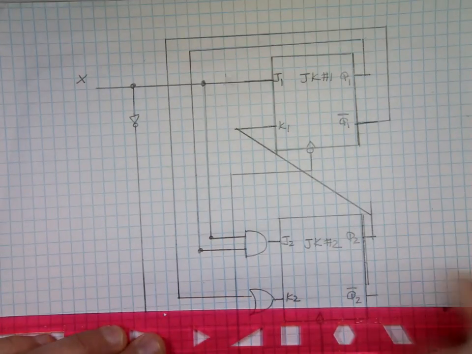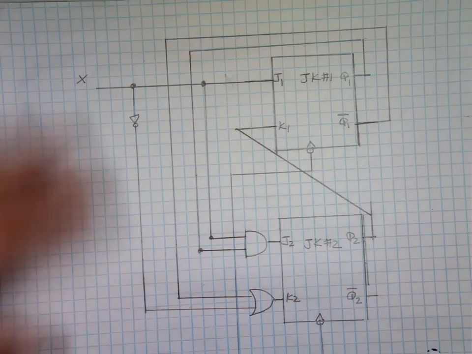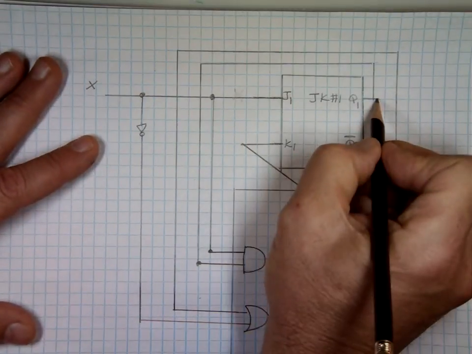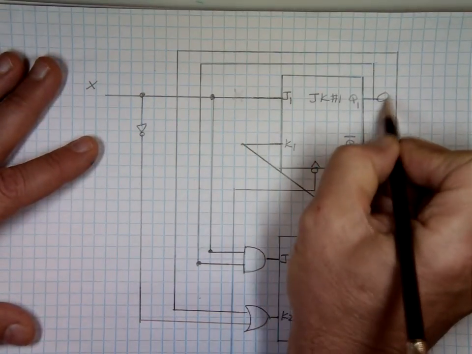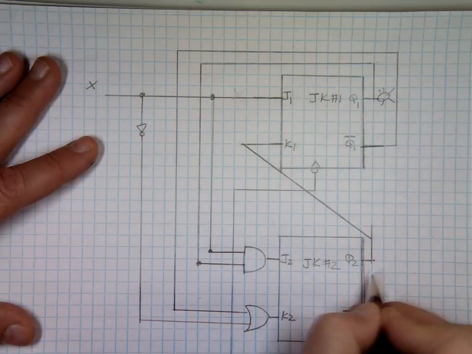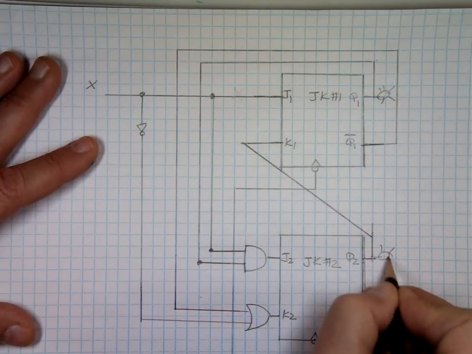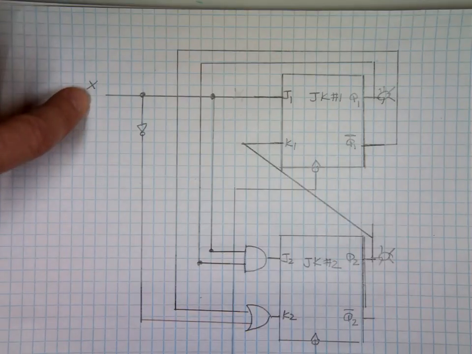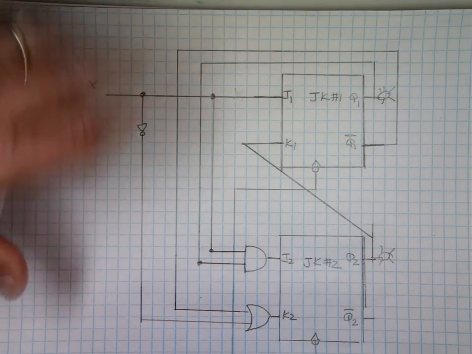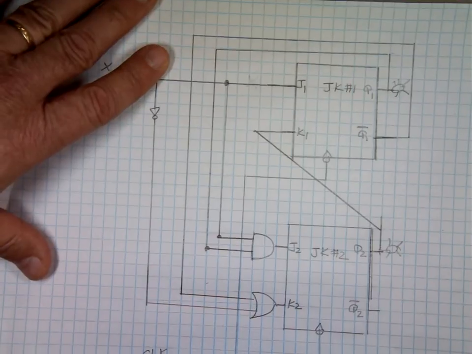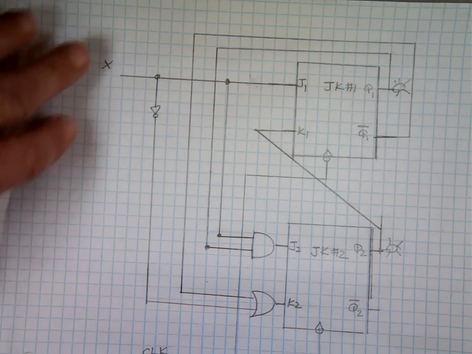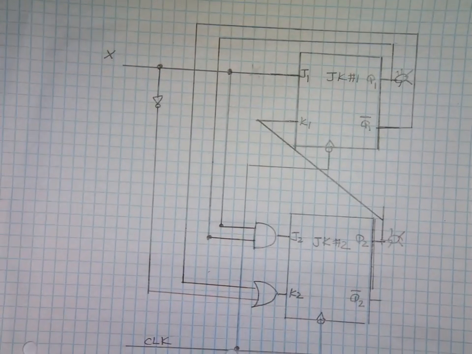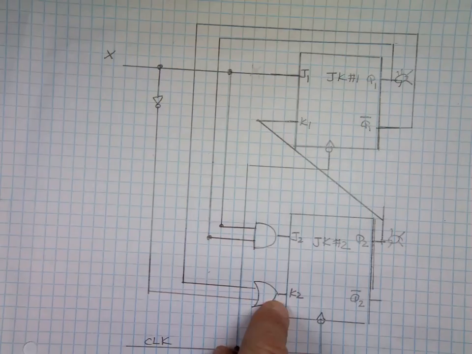And in the lab, to see if it's working, you take Q1 to one of the LEDs here. You take Q2 to the other LED, and you watch them as you're playing with X. Look at the state where you are, see if it's doing what it's supposed to do. And you also need to have one for your output Z, and your output Z happens to be Q1 naught plus X naught, which is this gate. This is my output.